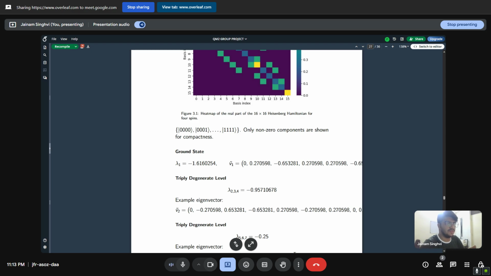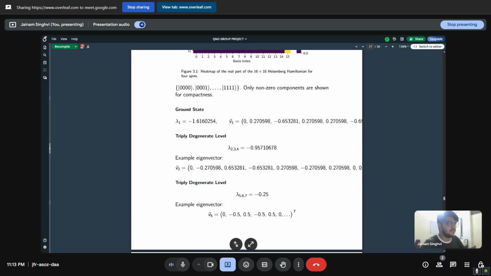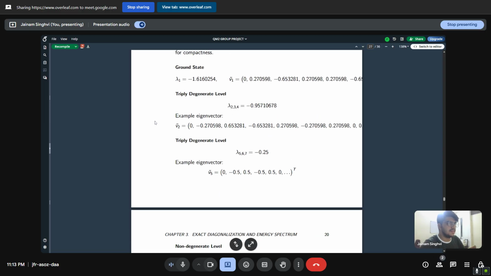Lambda 1 is equal to minus 1.61, which happens to be the lowest eigenvalue, giving us the lowest energy level. We get the eigenvector for this, which is this. For the triply degenerate levels, corresponding to eigenvalues 2, 3, and 4, the value is minus 0.9571. And these are the corresponding eigenvectors for those degenerate levels.